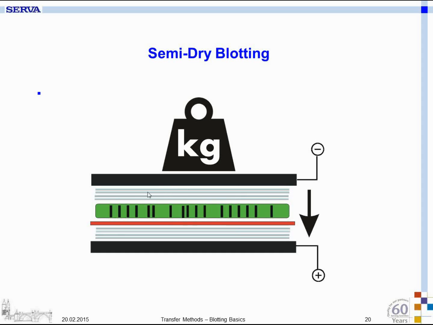And this can cause gas cushions, and then you won't have a good transfer anymore. If you have a weight on top of it, the gas is moved out sideways, and you don't have this buildup of gas cushions.